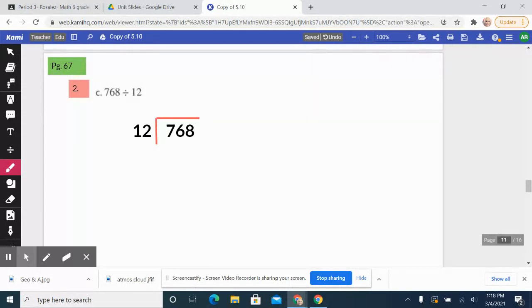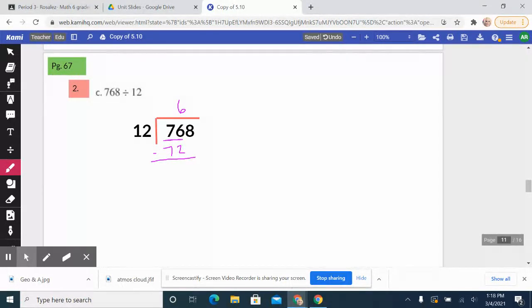Okay, now 12 doesn't go into 7, but it does go into 76. So you need to make sure that when you place your number, you're dealing with the tens. Okay, so 12 goes into 76 6 times. 6 times 12 is 72.